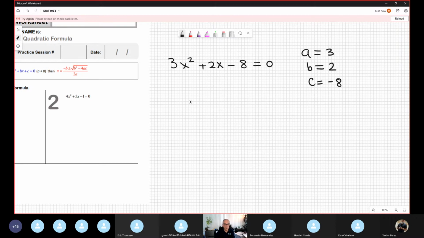And again, one more time, I copy in my paper, problem by problem, the quadratic formula, because I need to memorize this.